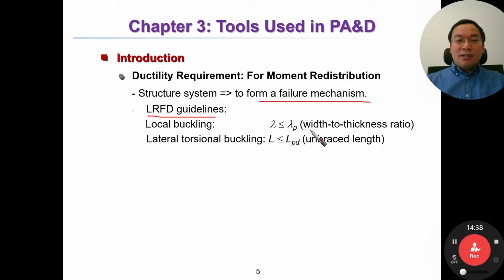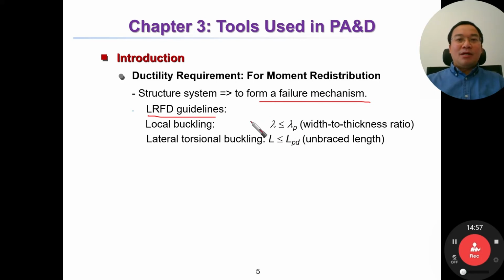Lambda is the width-to-thickness ratio, which I already introduced. So shortly, it's required that lambda should be smaller than lambda p.